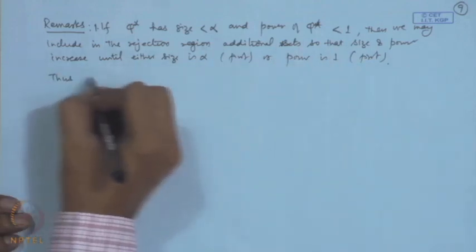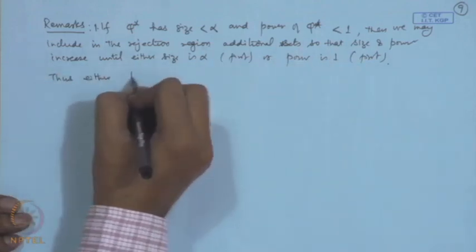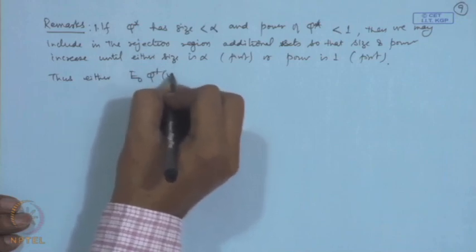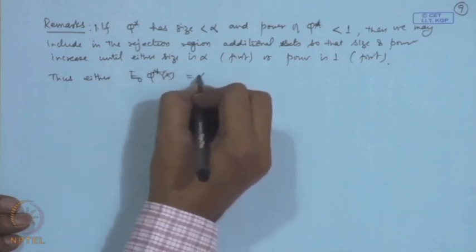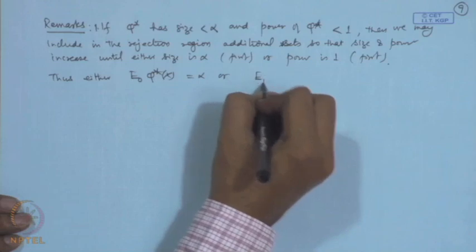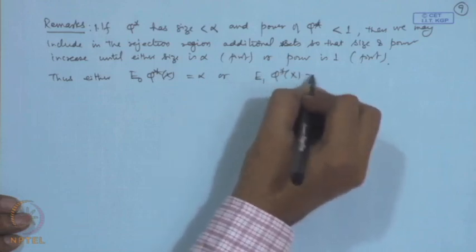So, thus we will have either expectation of phi star equal to alpha or expectation of phi star x is equal to 1.